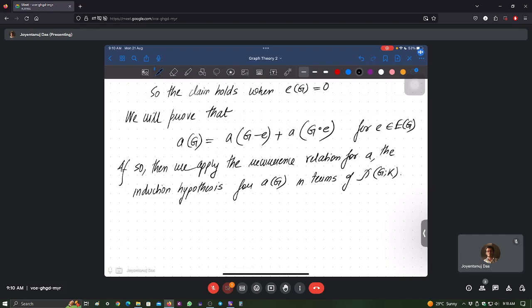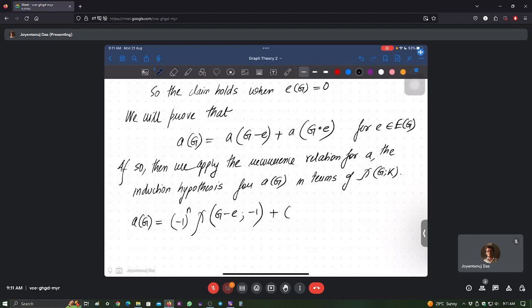So now let us see how to do it. We know that the result is true for a lesser number of edges. So A of G minus e has one edge less. Using the induction hypothesis, the number of vertices is fixed, because we are only deleting the edge, so it is minus 1 to the power n times the chromatic polynomial of G minus e evaluated at minus 1. And when I contract the edge, the number of vertices is reduced by 1, so it is minus 1 to the power n minus 1 times the chromatic polynomial of G dot e evaluated at minus 1. Up to this is clear, right?